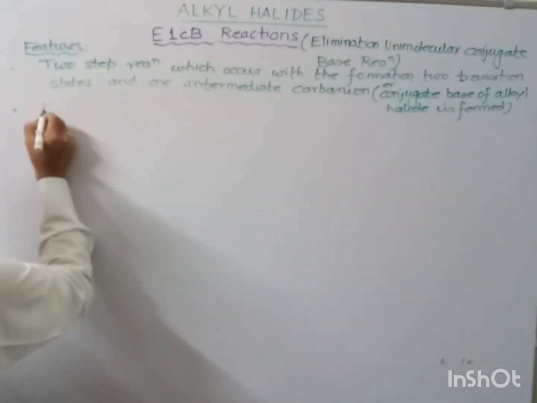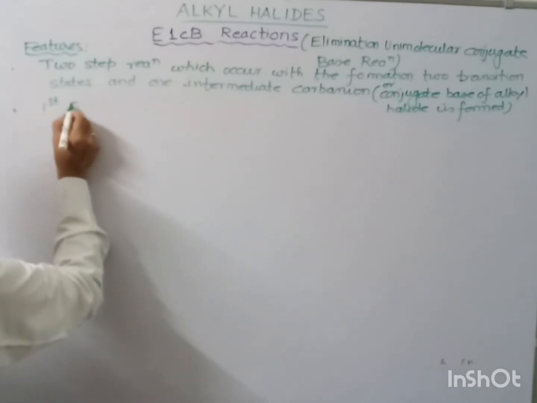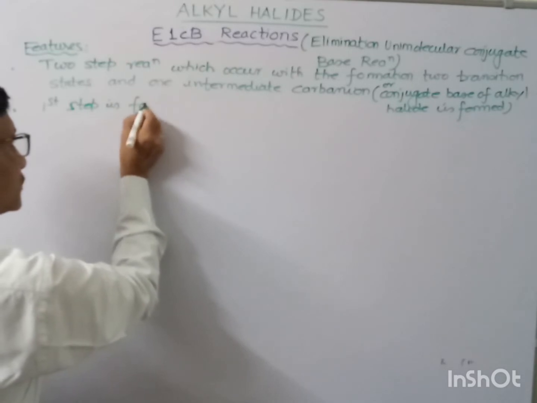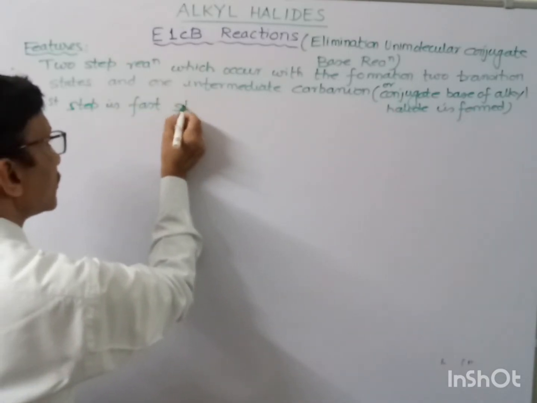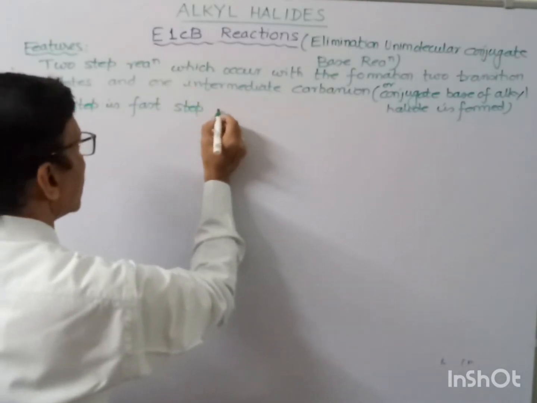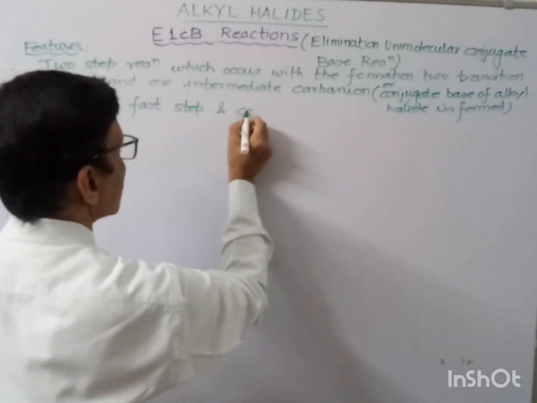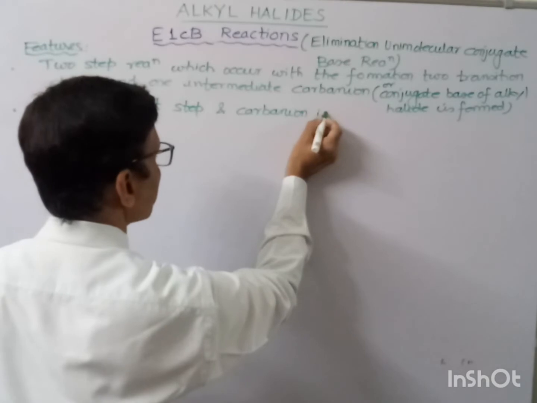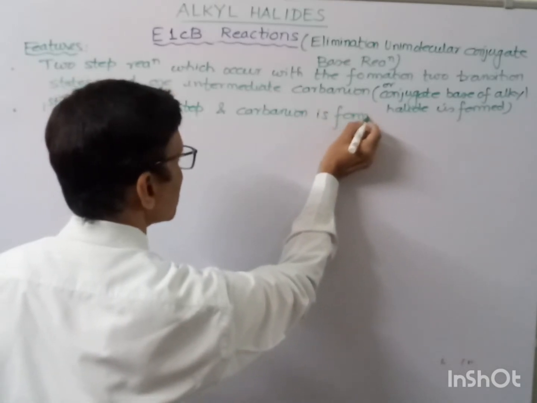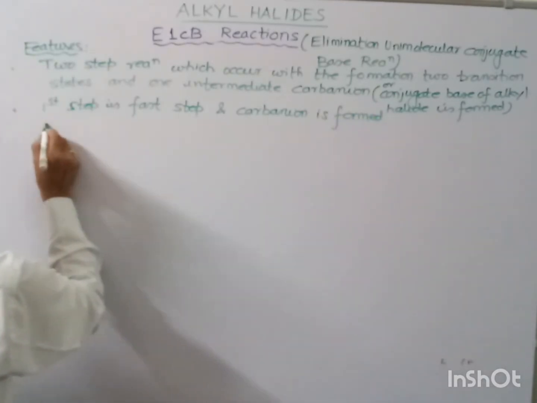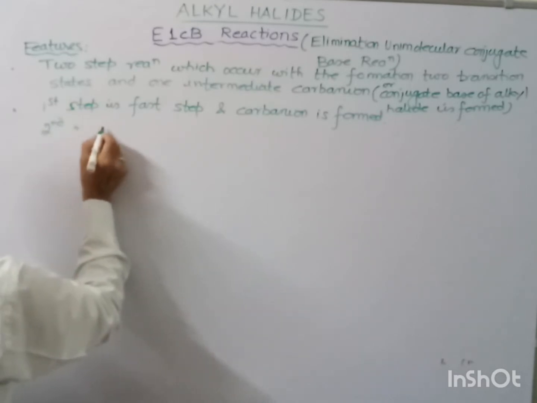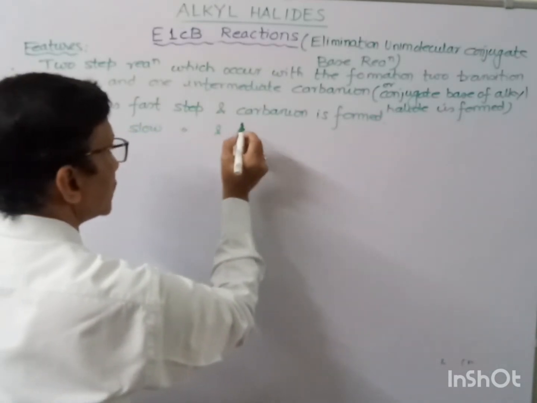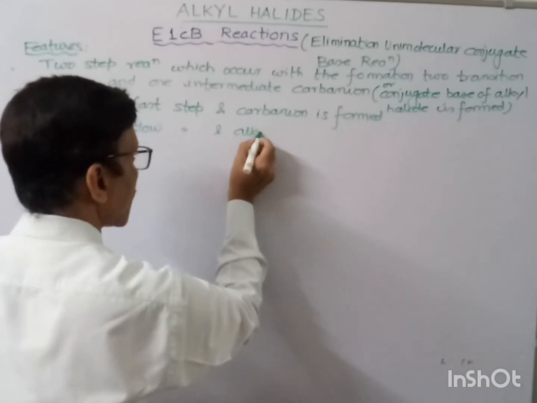So here the first step is fast and the carbanion is formed, whereas the second step is slow and the alkene is formed from the carbanion.